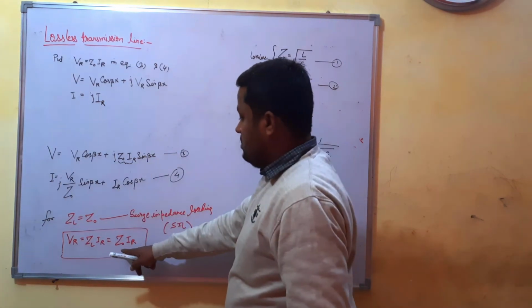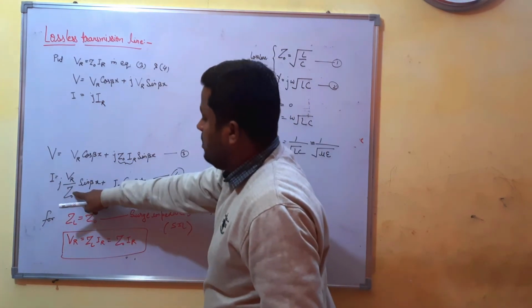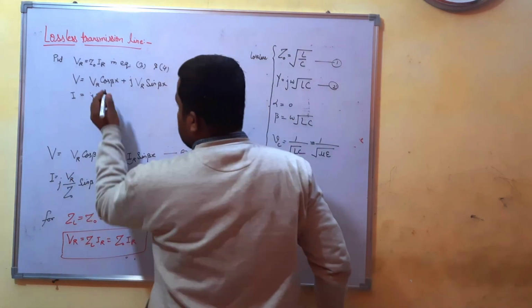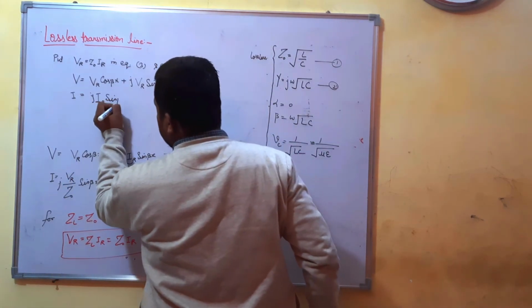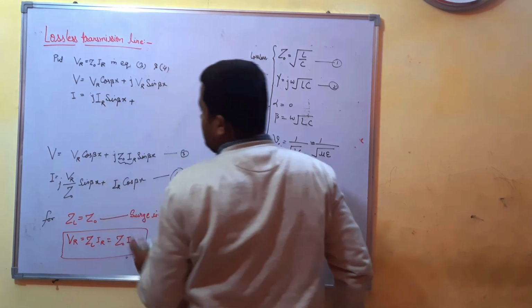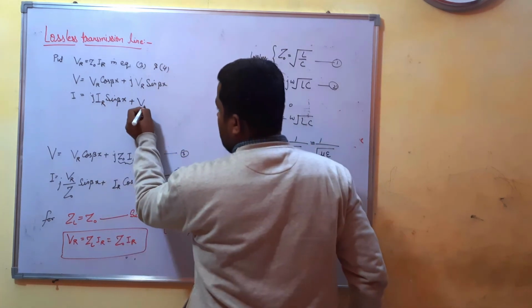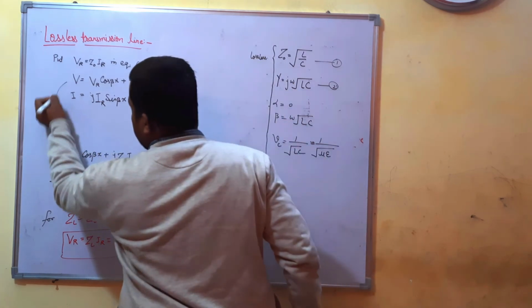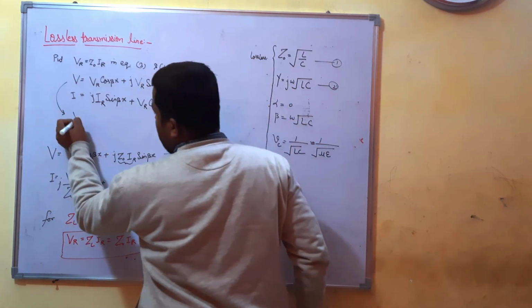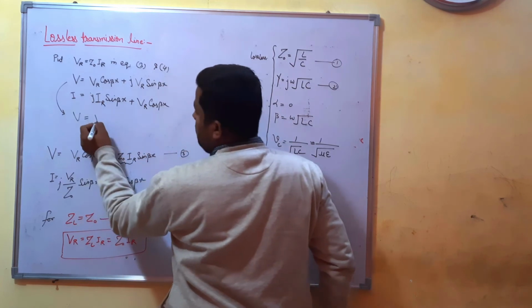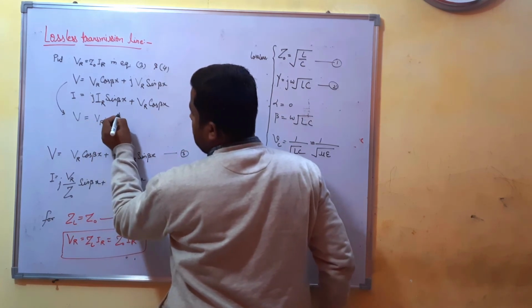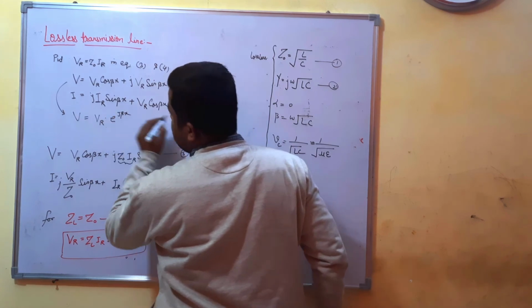So from here V can be written as VR e to the power j beta x.